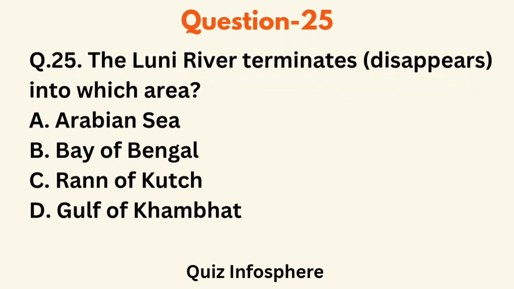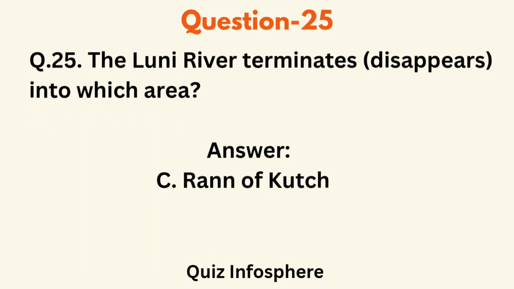Question 25. The Luni River terminates into which area? Arabian Sea, Bay of Bengal, Run of Kutch, Gulf of Khambat. The correct answer is option C, Run of Kutch.